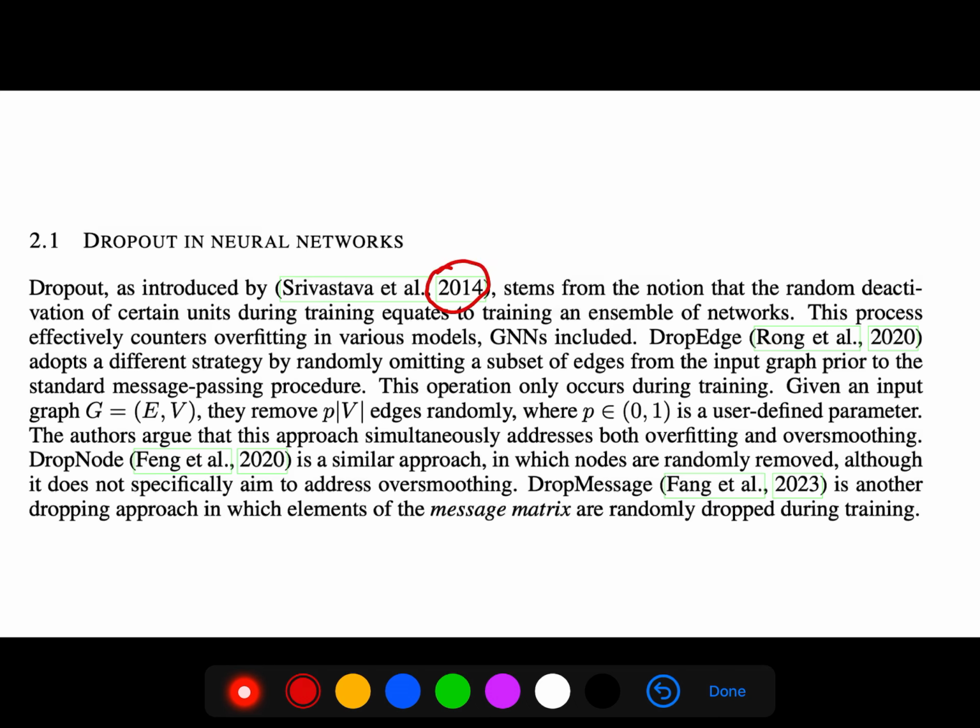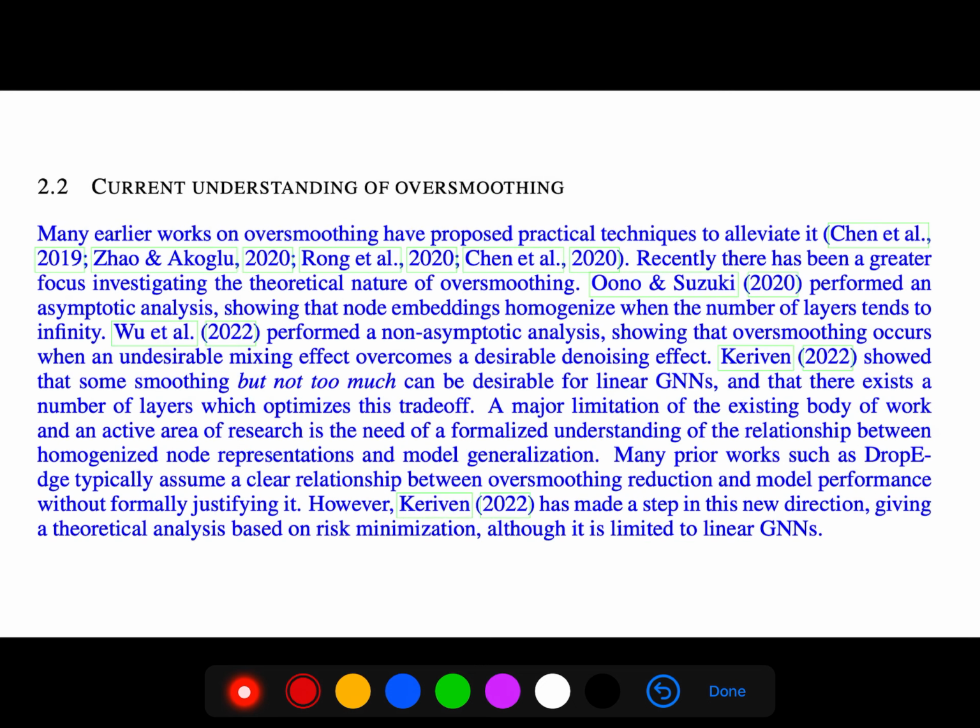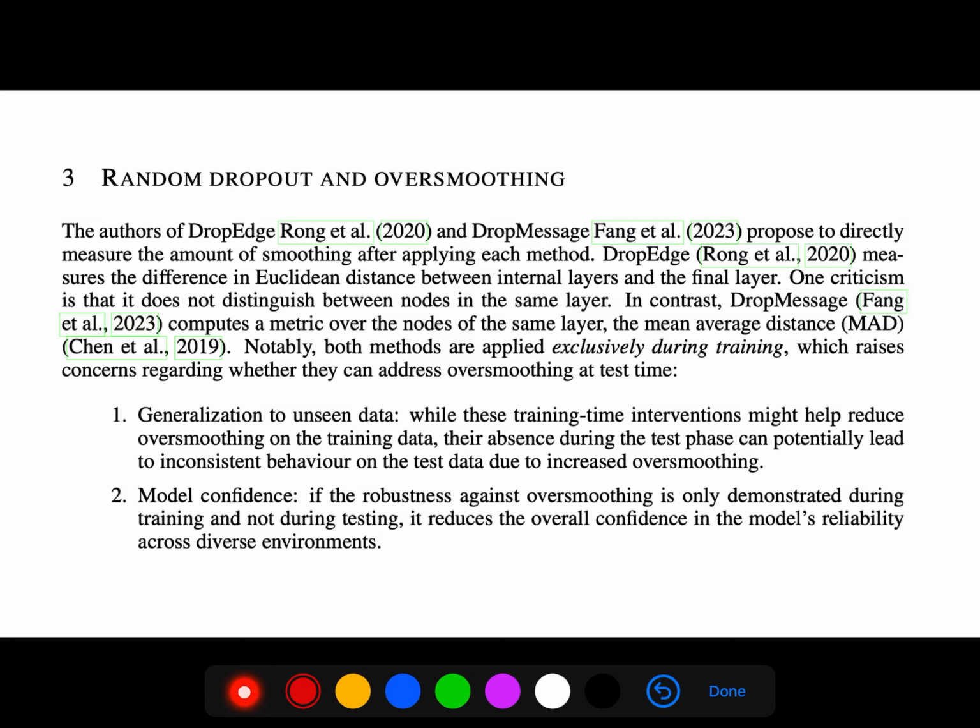DropEdge in 2020 adapts a different strategy by randomly omitting a subset of edges. Many earlier works on oversmoothing have proposed practical techniques, and recently people still talk about oversmoothing because it's a fundamental problem.